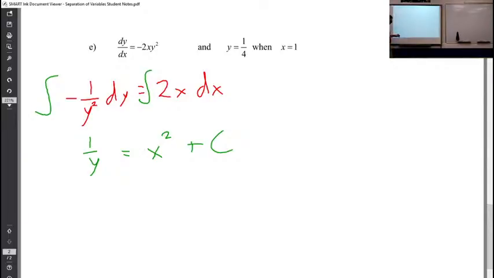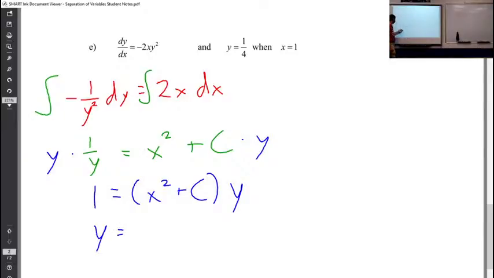So let's get y out of the bottom by multiplying by y on both sides. And now we can divide. X squared plus c moves down to the bottom here. And now y is by itself, and we can plug in our point.